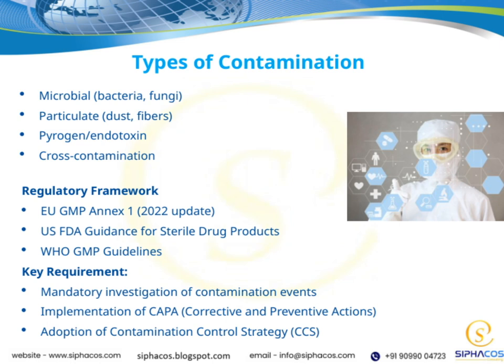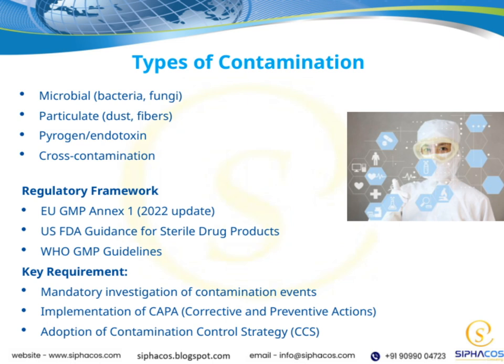Moving on, let's consider the different types of contamination we need to be vigilant about. Microbial contamination, such as bacteria and fungi, can pose serious risks to product safety. Particulate contamination, like dust and fibers, can compromise both the quality and the sterility of our products. Pyrogens and endotoxins are also critical, as they can induce fever and other adverse reactions in patients.